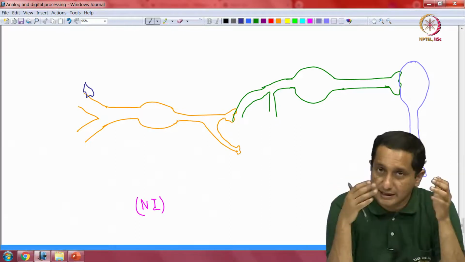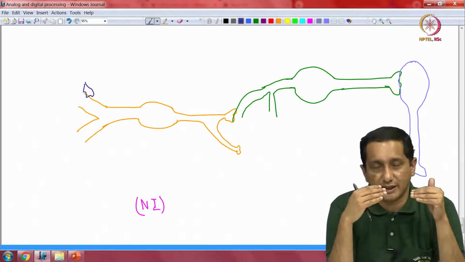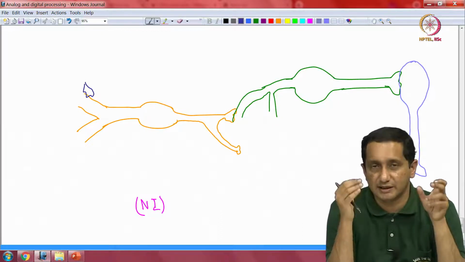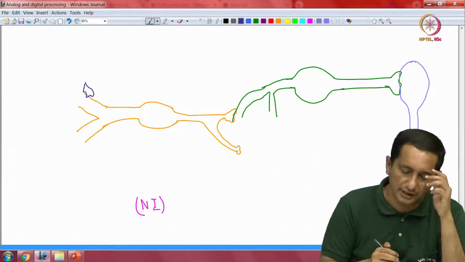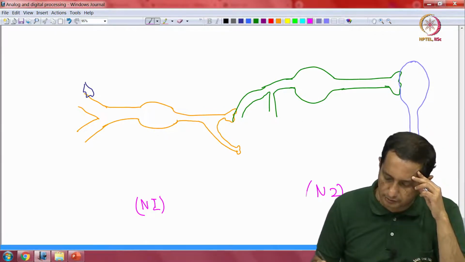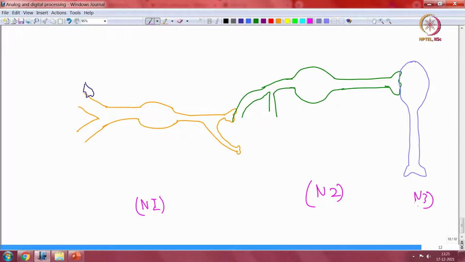Why it does not happen is because the system is so robust that it prevents any kind of electrical leakage across this entire network. So, here I have drawn 1, 2 and this is 3.